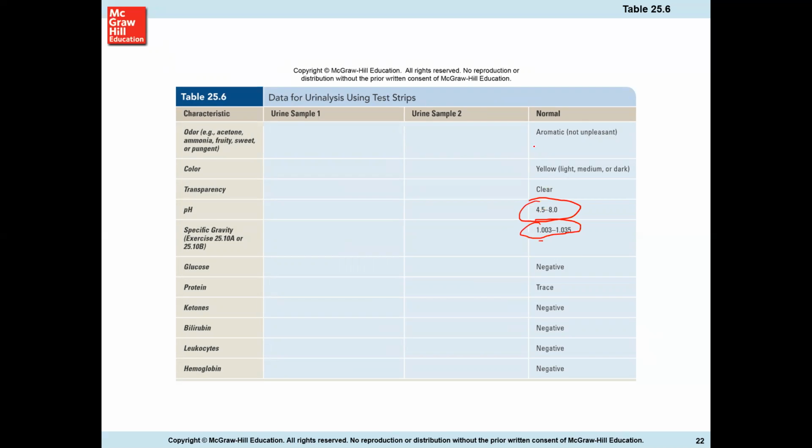So the smell, right? Does it smell sweet? Does it smell like maple syrup? Is it amber, right? Light yellow to amber, which is normal. Is it relatively transparent, or you see particles in it? And then a dipstick test, you could test for glucose, protein, ketones, bilirubin, leukocytes, hemoglobin, right?